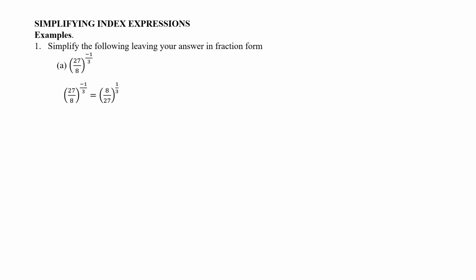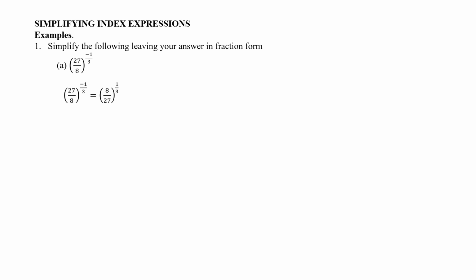Then we are going to prime decompose on the next step 8 and then the 27. Prime decomposition, I mean prime factorization, I mean writing a number as a product of its prime factors.